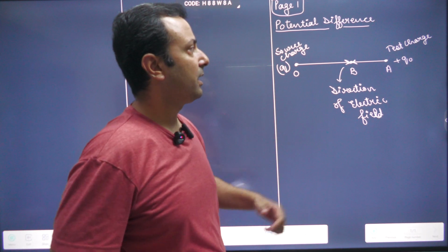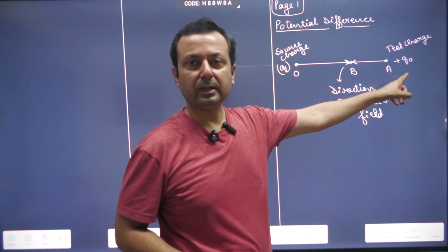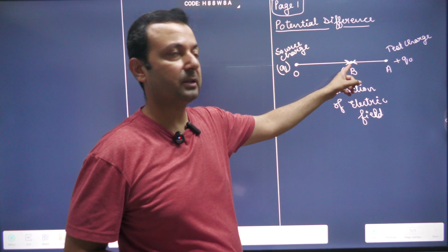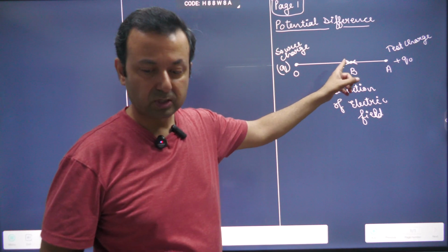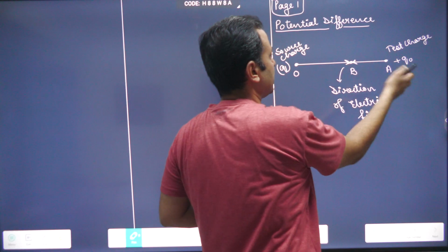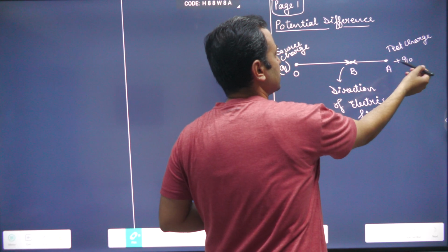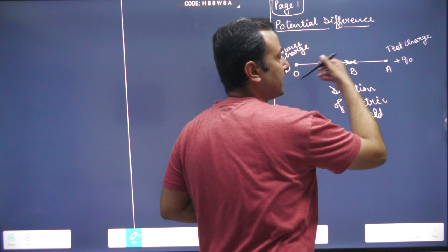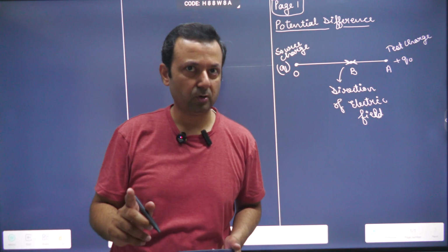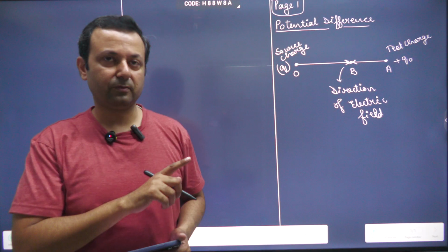Now if I have a test charge Q naught, and I want to bring this test charge to point B, then the electric field's direction is in this direction, and I am moving this test charge against the direction of electric field. That means I am moving this test charge Q naught against the electrostatic forces.